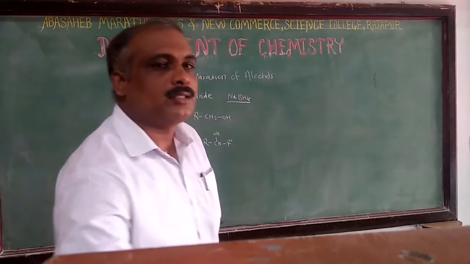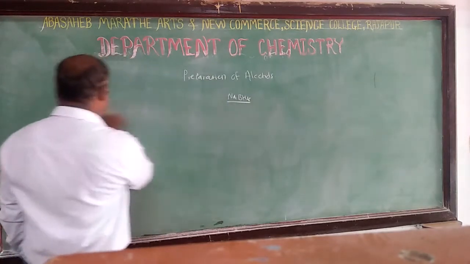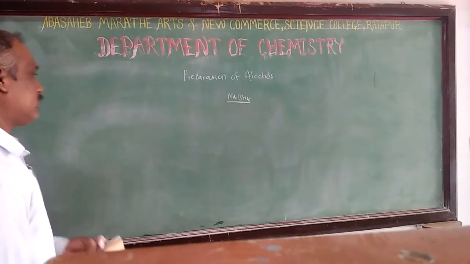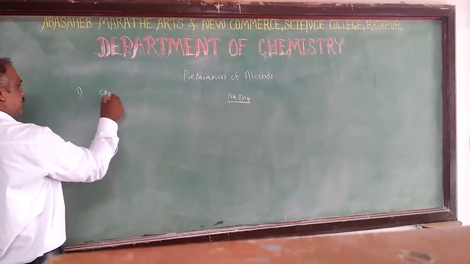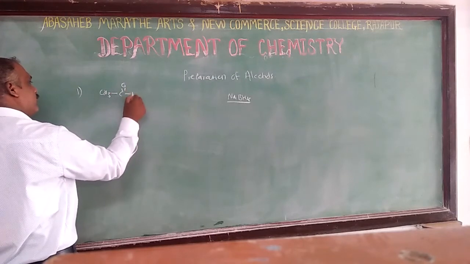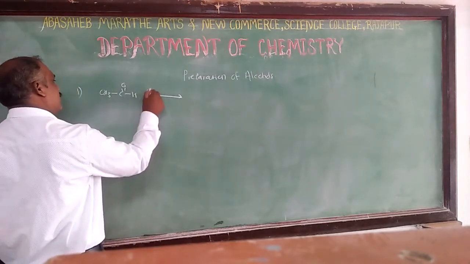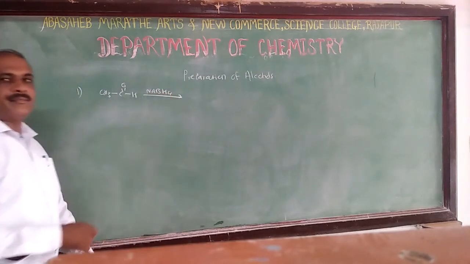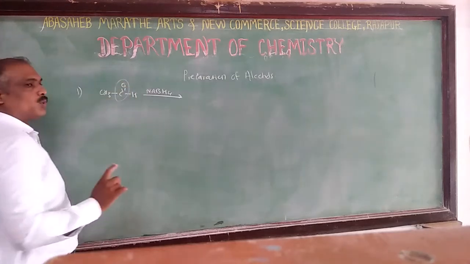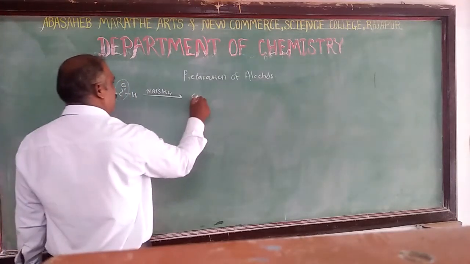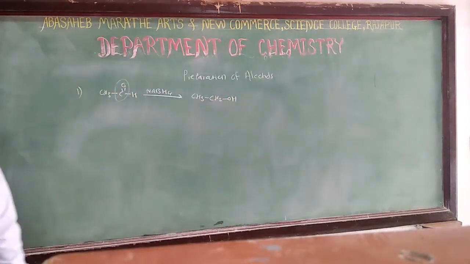Now we will see some examples of reactions. In the first reaction, sodium borohydride reduces the carbonyl group to the corresponding alcohol, CH3CH2OH.